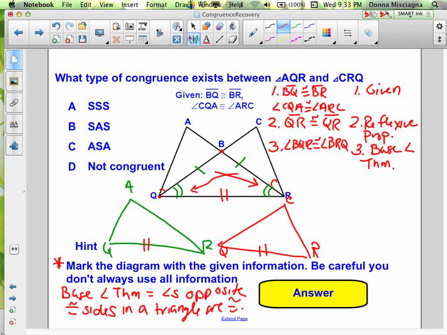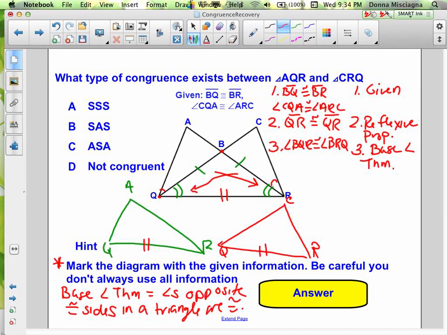It does work the other way too. If I knew the two angles were congruent, the sides opposite them would be congruent. And we know that in an isosceles triangle, we're going to have two sides congruent, and we're also going to have two angles, and those angles are going to be the ones opposite those two sides. They're going to be congruent as well.